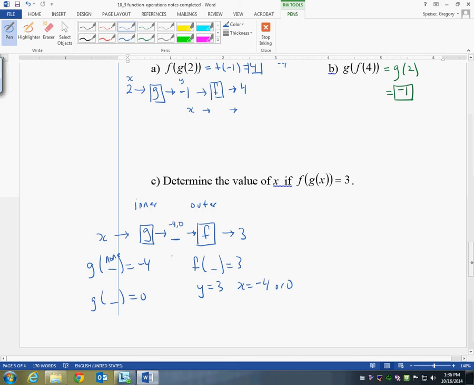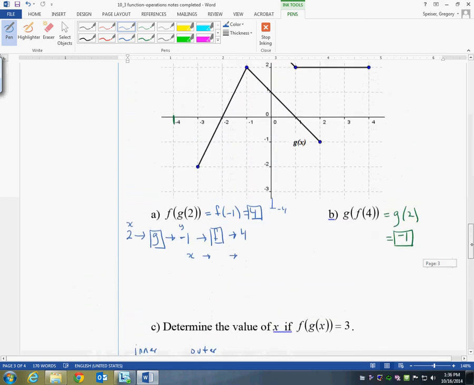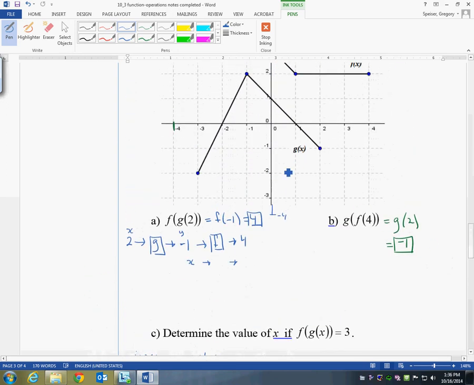But how about 0? What's the x value that we could plug in so that our y value comes out as 0? So here's one. This is -2, 0. And this is 1, 0. Or to put it into more function notation, if we plug in function g an x value of -2, we get a 0 coming out.